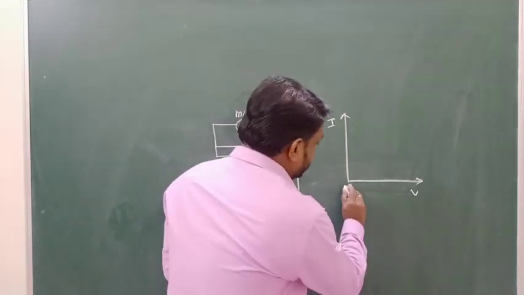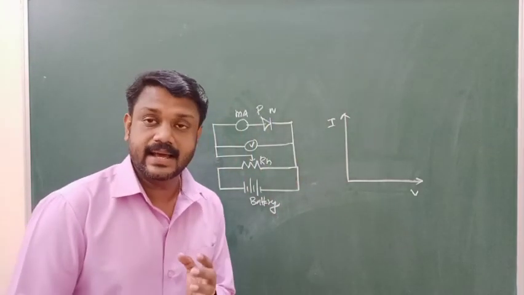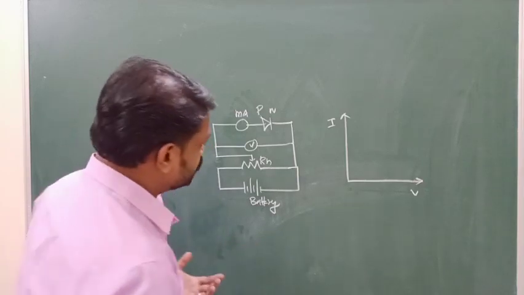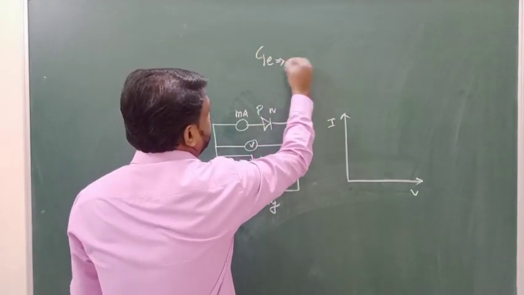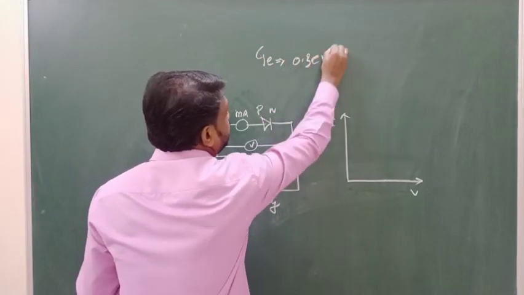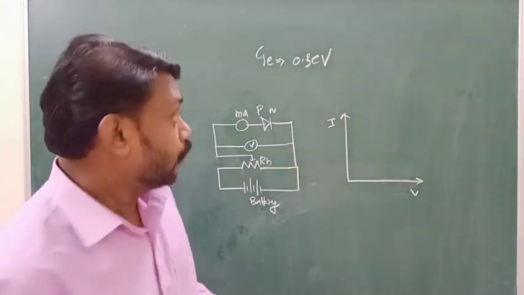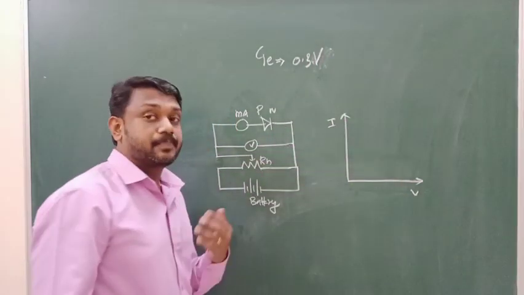We have already seen that biasing is required to overcome the barrier potential. So when you are considering a germanium crystal, the barrier potential is 0.3 volt. It is not electron volt, it is not a supply potential, it is only a barrier potential.